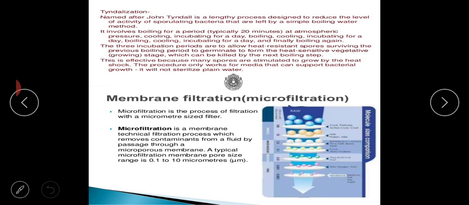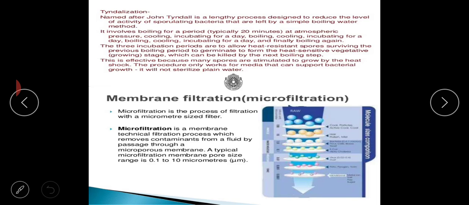The next method of separation or purification is membrane filtration, which is also called microfiltration. As you see in the picture, microfiltration is a process of filtration with a micrometer sized filter.